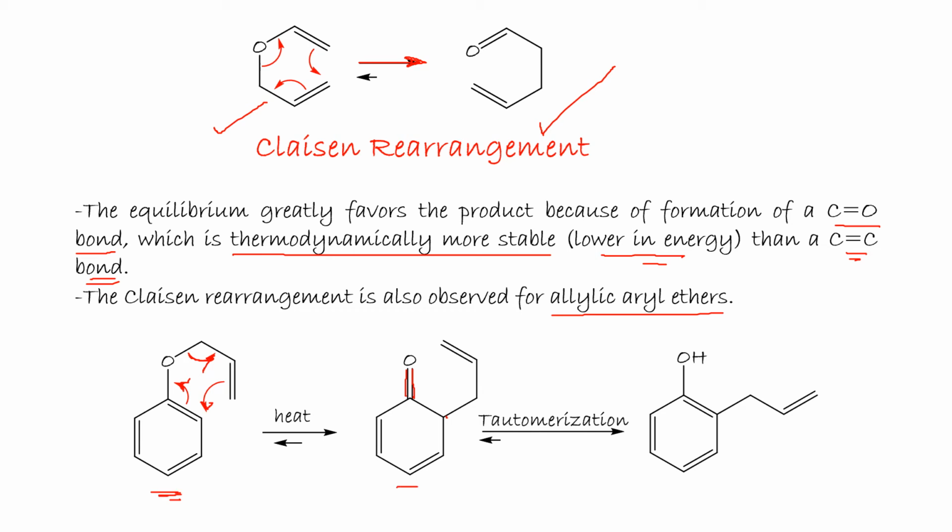Yes, this one also, upon tautomerization, this hydrogen here, losing 2 electrons, and the double bond will become a single bond, and the oxygen will go and catch the hydrogen to form ortho allyl phenol, which is aromatic, right? That's why the driving force goes this way.